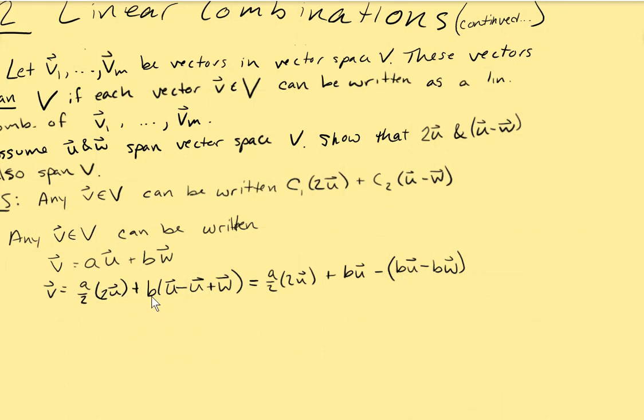Well, we would also have a negative bu from these terms. The positive bu out here is out front, b times u here. And then if we distribute our negative to the negative bw, negative, negative makes positive b times w. So this is a little trick that works.